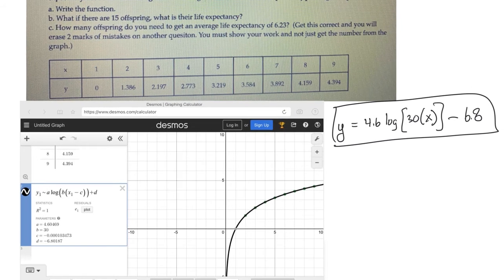Then they say, what if there are 15 offspring? What is their life expectancy? So I need to plug a 15 everywhere I see an x. Let's do that again in decimals.